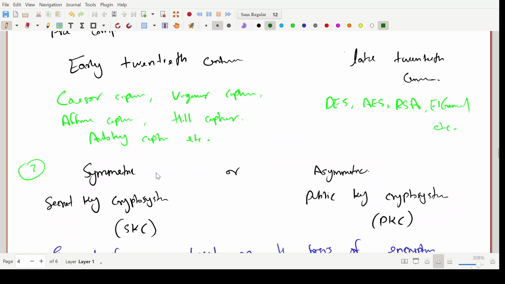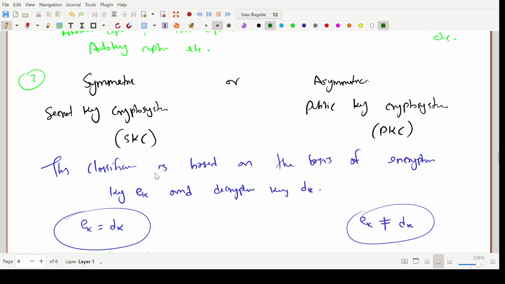And similarly, if it is based on the encryption rule, that means suppose I'm having encryption key ek and decryption key dk. If both are the same, then that is called symmetric key crypto system, or secret key crypto system, SKC.